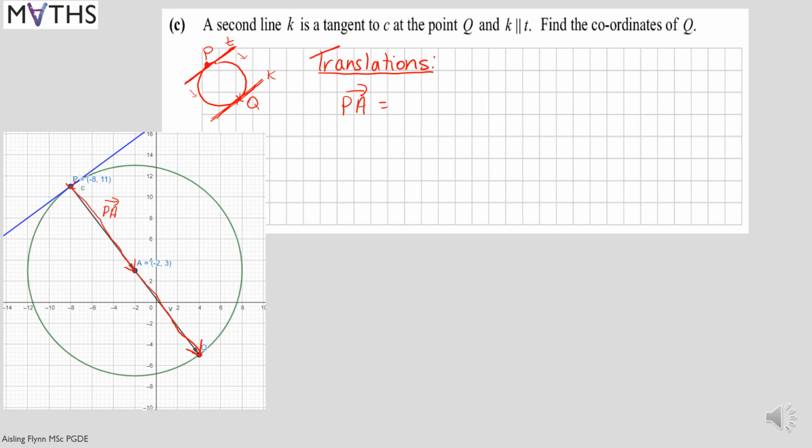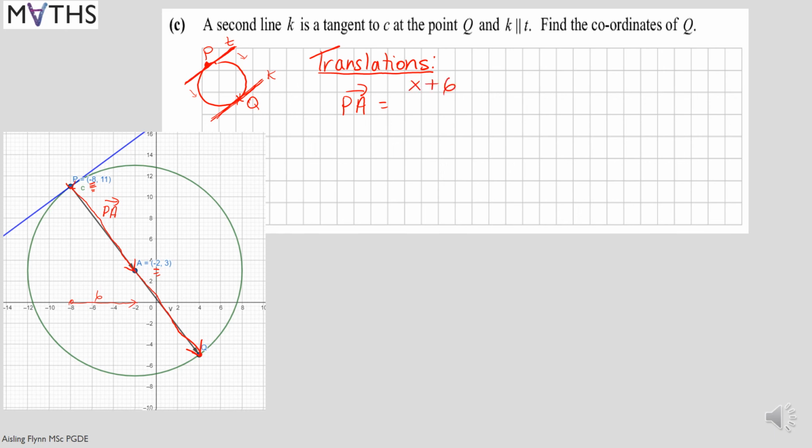And we're going to examine the coordinates. So if we look at the x coordinates, which describe the horizontal movement, we go from -8 to -2. So we've moved right 6 units. So from -8 to -2, we move right 6 units. So the x value was increased by 6.